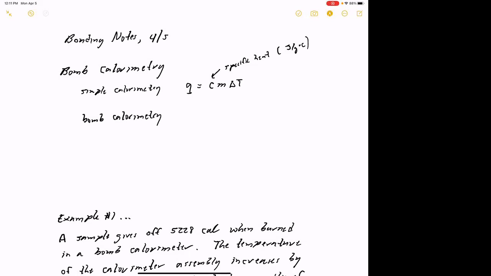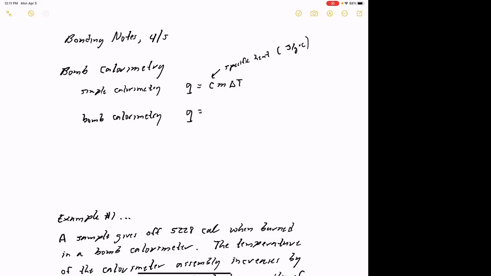The issue we have when we're talking about bomb calorimetry is that now the bomb and the calorimeter and the whole assembly is what's actually absorbing the heat. Remember what's going on here. We're going to have, for example, a combustion reaction inside the bomb, and we're going to set that combustion reaction off and it's going to give off heat. So it's an exothermic process. Now what's going to happen?